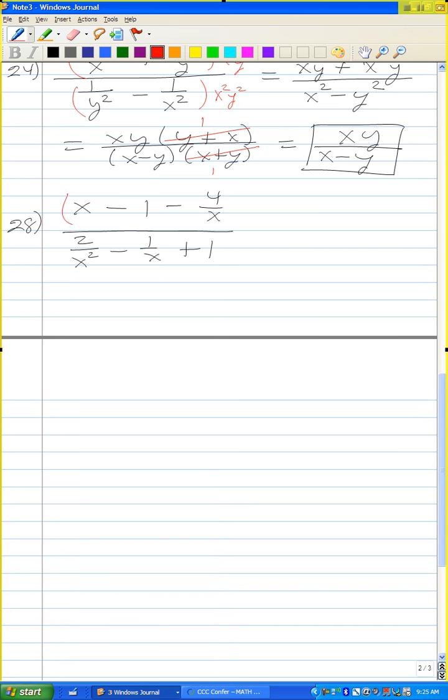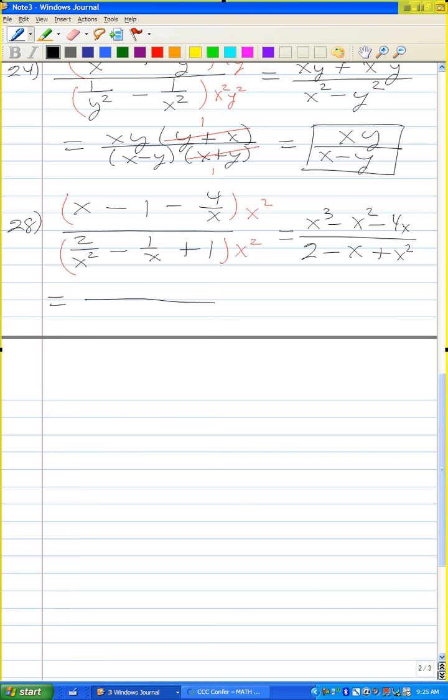So let me multiply and divide by x squared. And so I get x cubed minus x squared minus 4x over 2 minus x plus x squared.